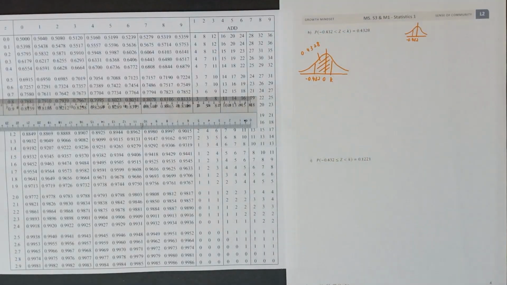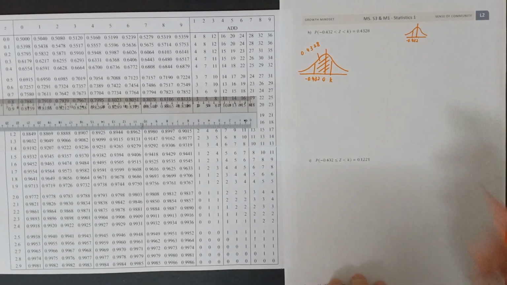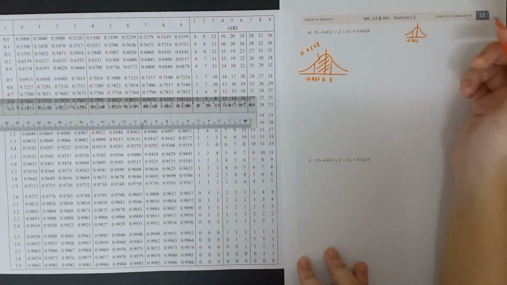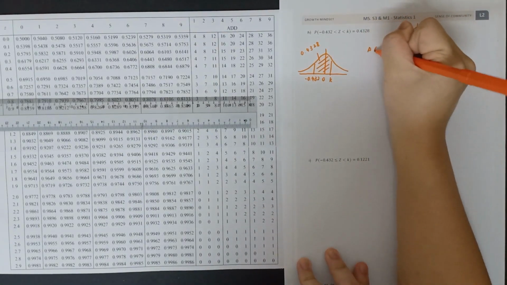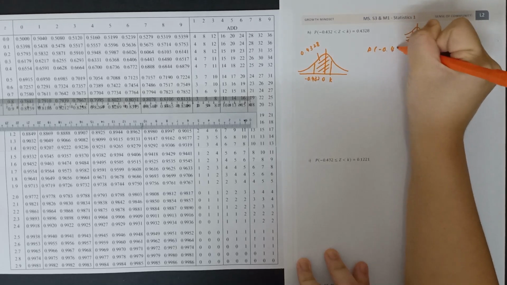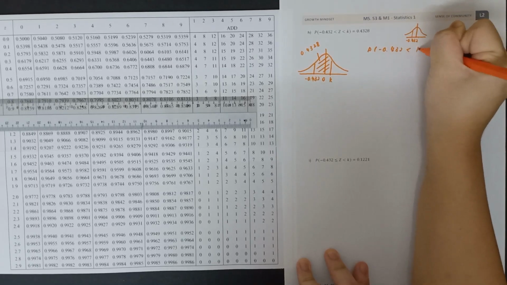Now I can try to solve this. This is very similar to question G that we have done just now. It's just that just now we were finding a negative value, and now we are finding the positive value. The same thing, I'm not going to draw it again. I hope that by looking at this, you should know what you need to do.